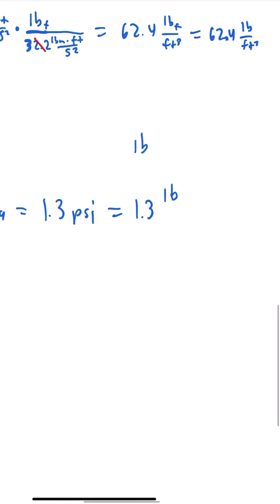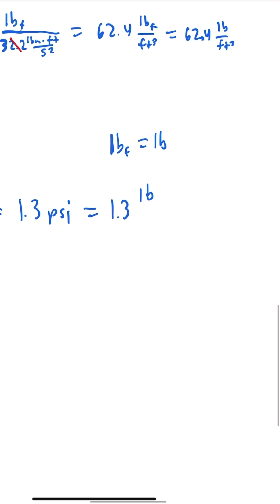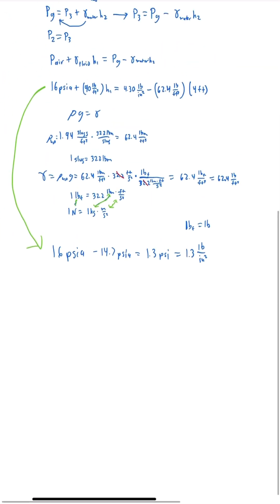Remember, pound force is equal to lb. It's the same exact notation per inches squared. So now we have everything in similar units, just about, but we'll get to that. And now we can start subtracting and adding things.